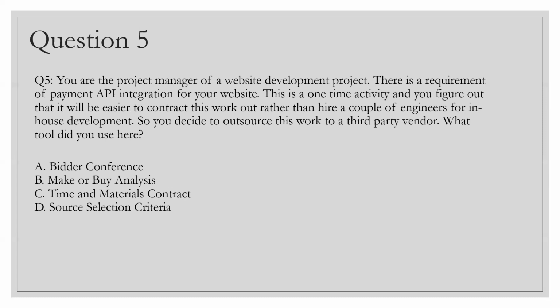What tool did you use here? Very easy question. I discussed this in the beginning as well. The key word here is that this is a one-time activity and it will be easier to contract this work out rather than hire, which means buy it rather than hire a couple of engineers for in-house development, rather than make it.